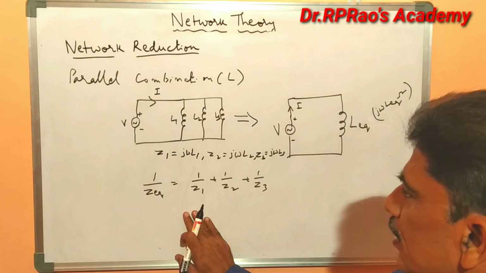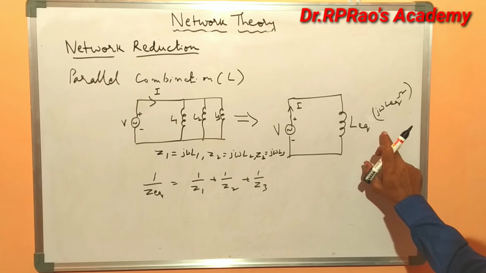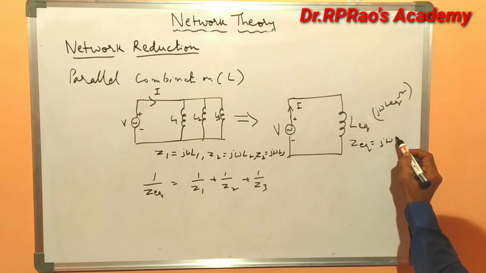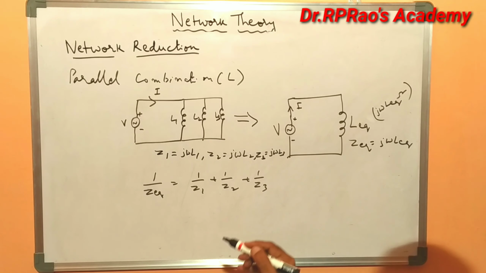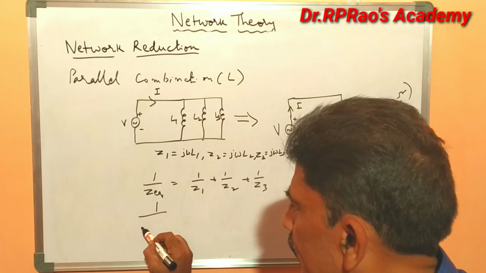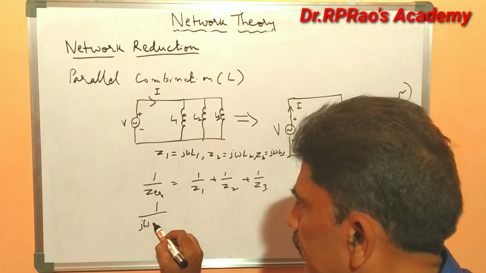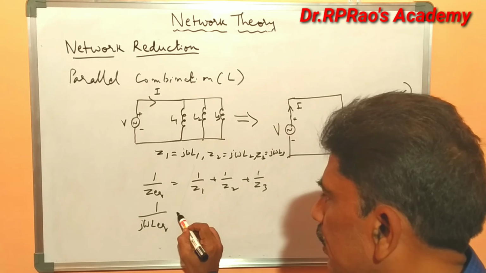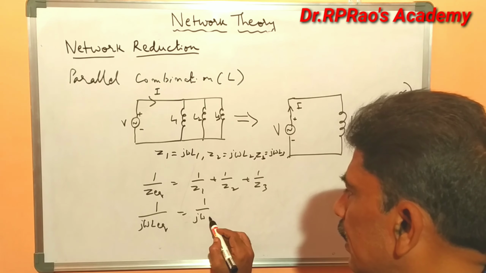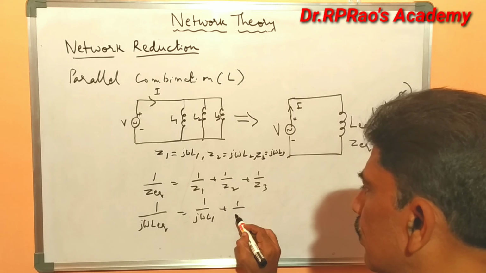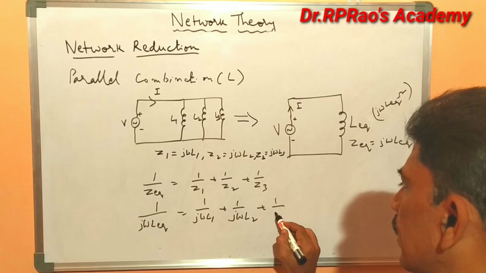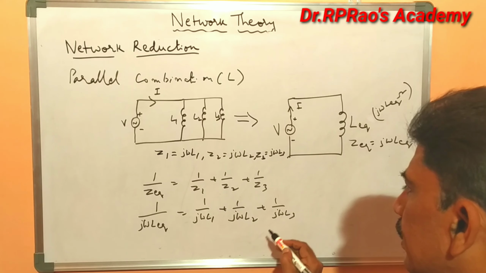Now let us substitute the values. Z equivalent is equal to j omega L equivalent. So 1 by j omega L equivalent is equal to 1 by j omega L1 plus 1 by j omega L2 plus 1 by j omega L3.